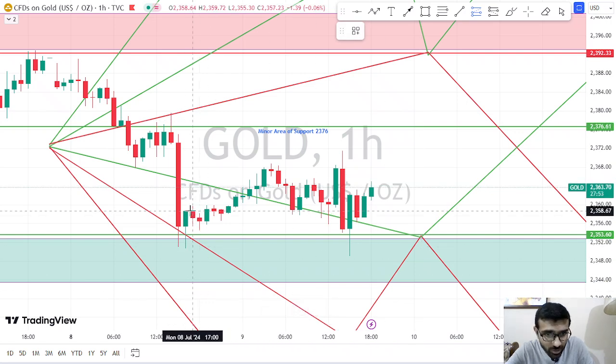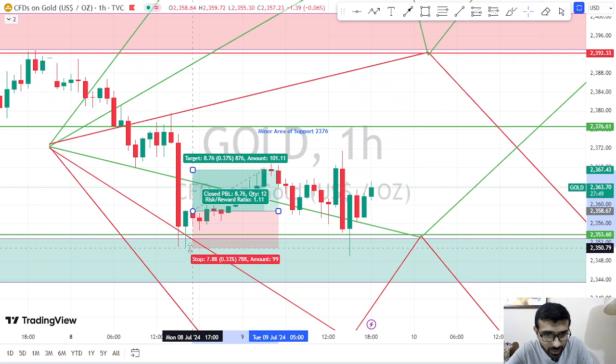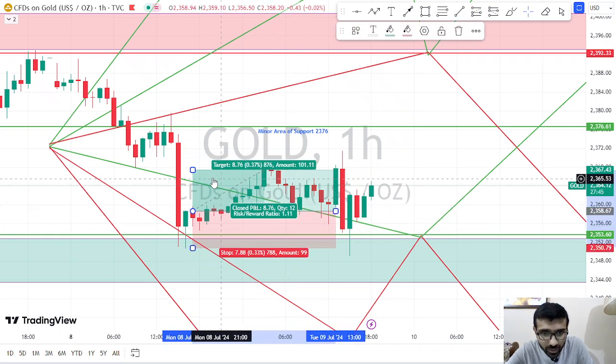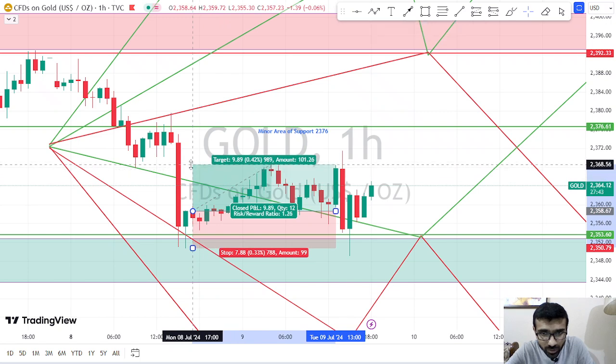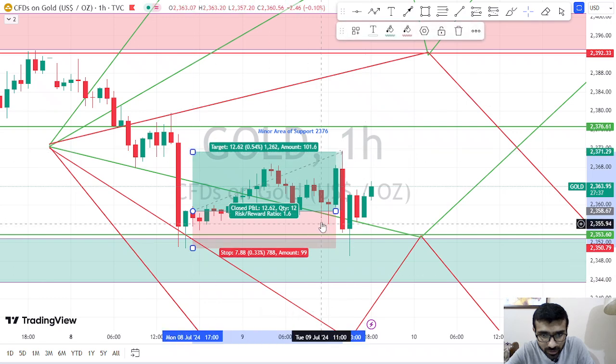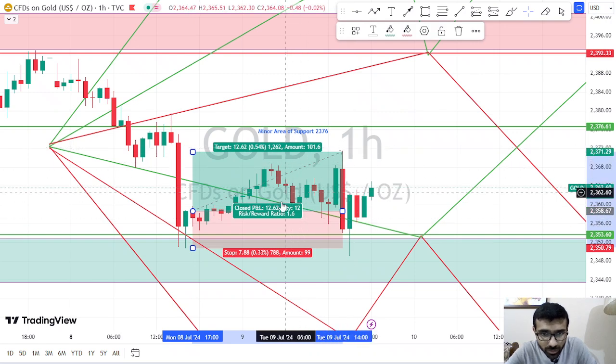Okay, so this was the first basic entry of our trades. This was our stop loss, and our take profit will be approximately over here at least. Okay, so this will be our take profit, giving us a 1.6% profit.